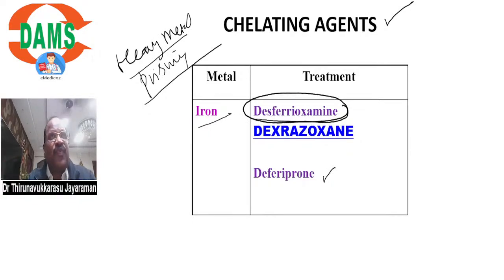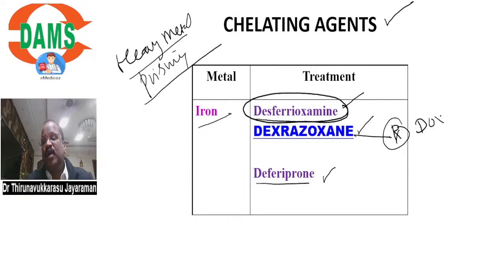Desferrioxamine is injectable, deferiprone is an oral drug. So injectable iron chelator desferrioxamine, oral iron chelator deferiprone. Extra point: dexrazoxane is also an iron chelator. It is also useful for treatment of anti-cancer drug-induced cardiotoxicity.